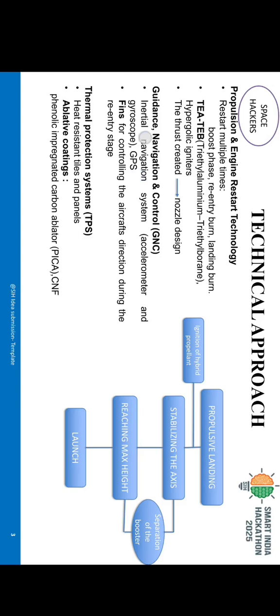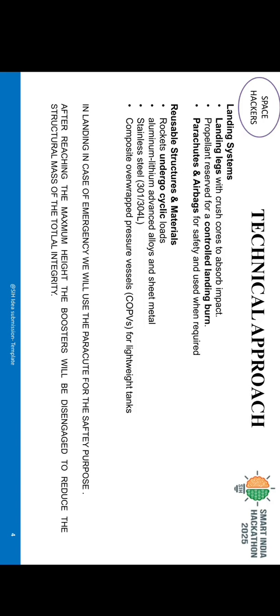Then the landing system: we are using legs for the landing purpose. The legs have crushable cores to absorb the impact, and propellant is reserved for the controlled landing burn.